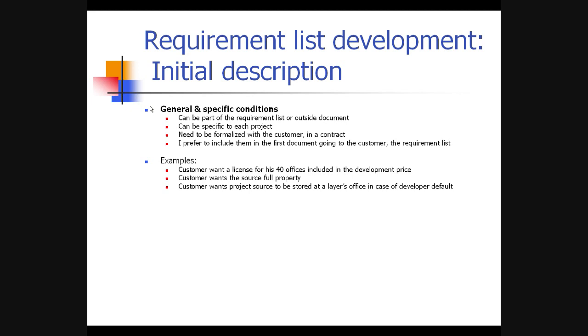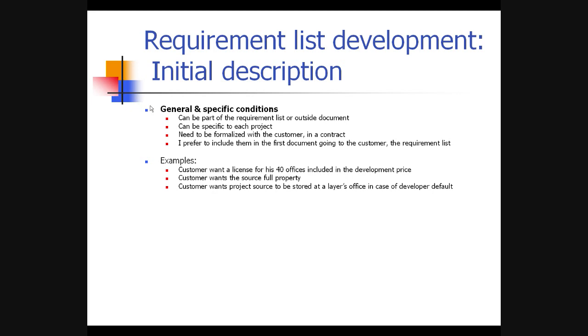The customer wants the project source to be stored at a lawyer's office in case of developer default. Well, okay, if your company crashes, or if you are not providing what you are supposed to provide in a timely fashion, you will have to define what is, of course, the developer default.